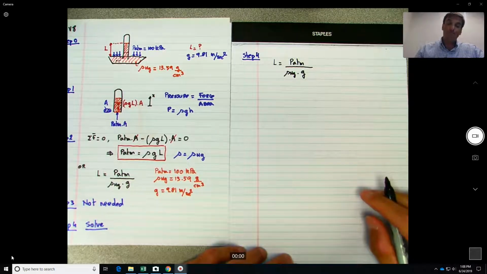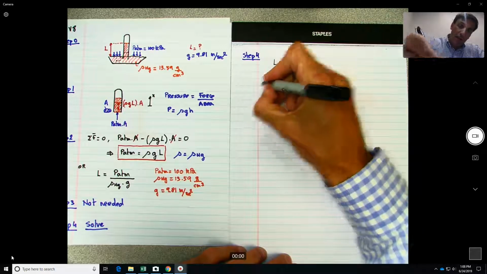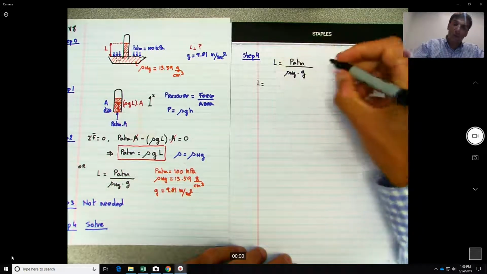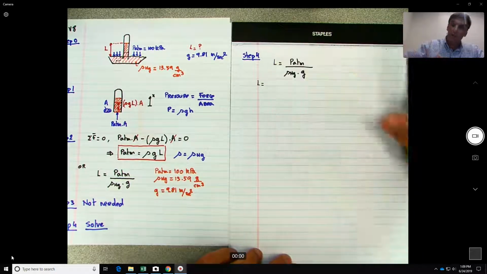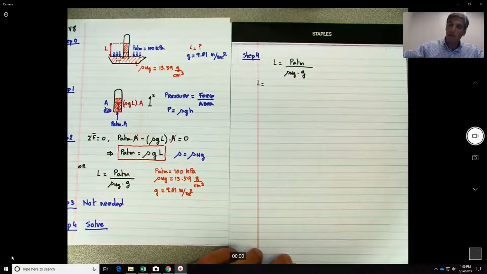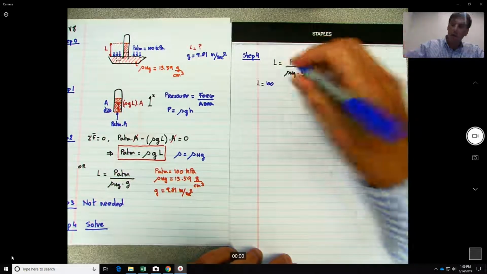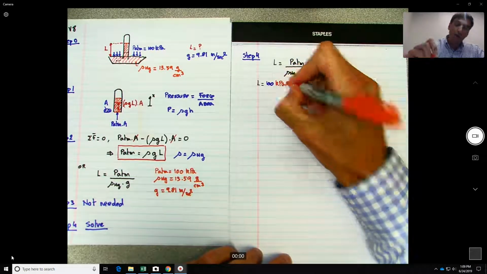Alright, so let's go ahead. So L will be equal to what? We know that the value for the atmospheric pressure is 100 kilopascals.